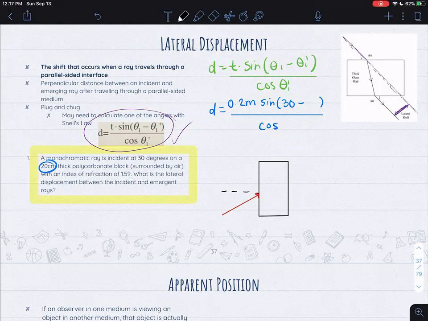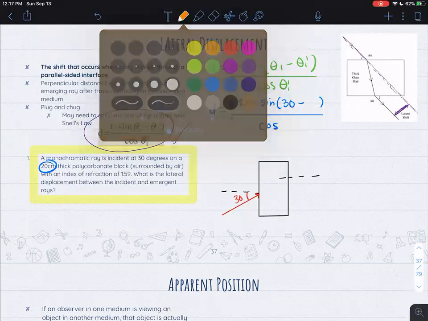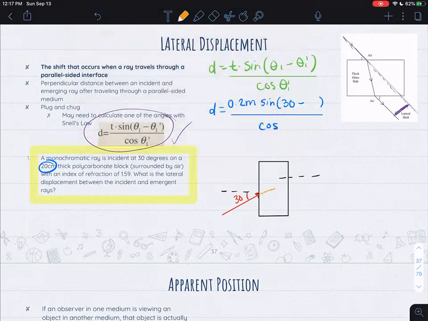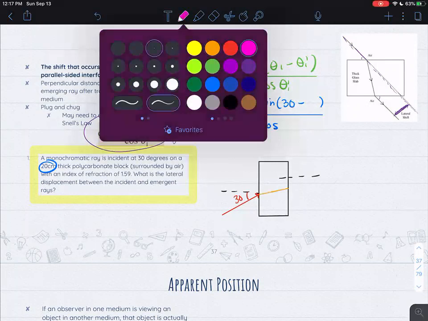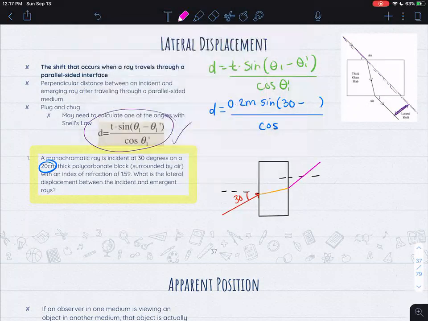We can say that this is a normal up here too, because I'm going to draw the refracted ray out that way. This is 30 degrees. Our light is going to bend through this somehow, and then it comes out like this, something like that.